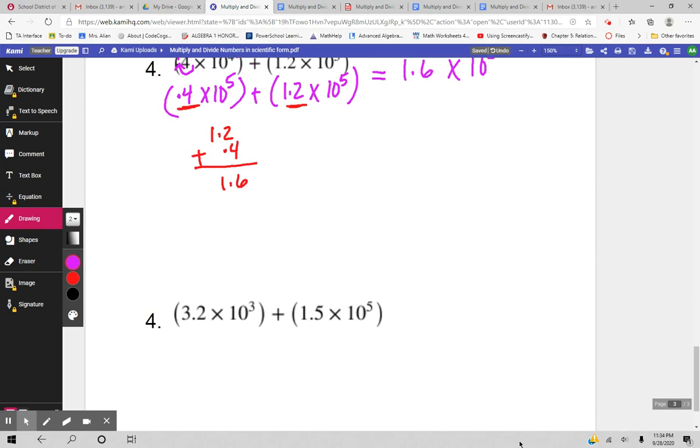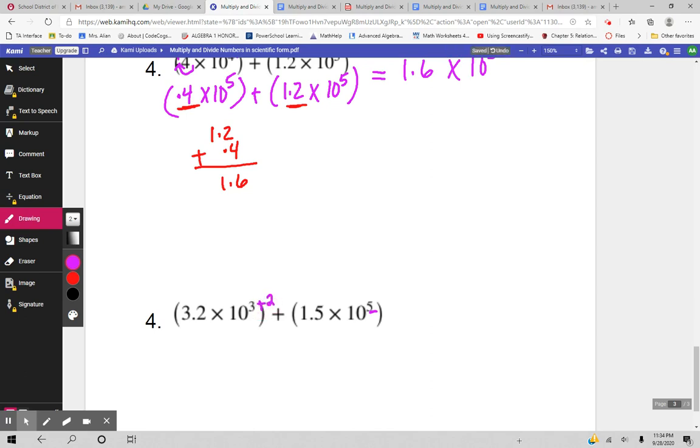Why don't you try it? I'll let you get a head start. Since this is 5, we want this to be 5, so you have to add 2 here.